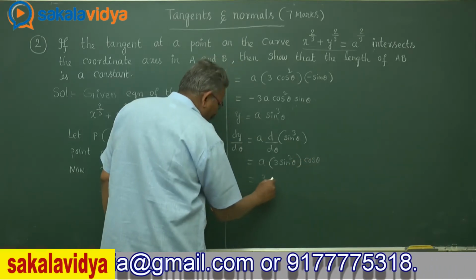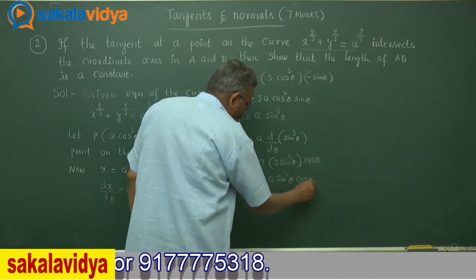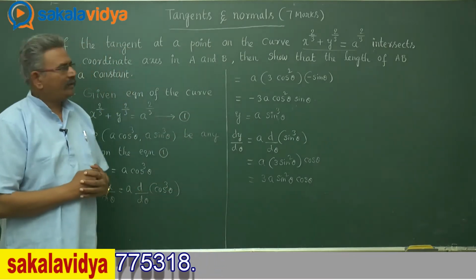So now this becomes dy/dθ = 3a sin²θ cos θ. So this is the first step to be followed.